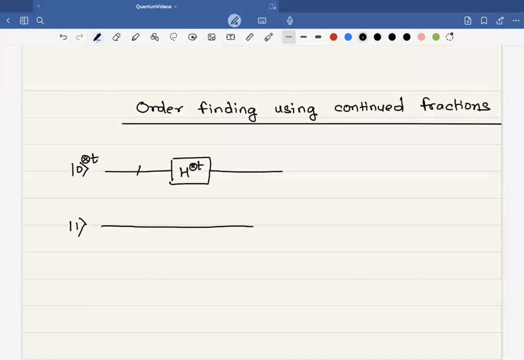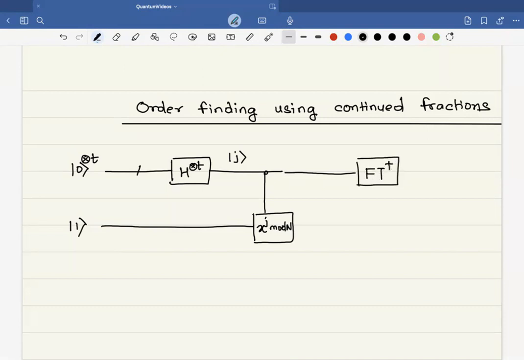And then we have these controlled U gates, but we saw that this is actually equivalent to modular exponentiation, x to the j mod n. And so this will create some j over here, this uniform superposition. And then finally, we have the inverse of the Fourier transform over here, and then a measurement. So that's the schematic of the order finding.